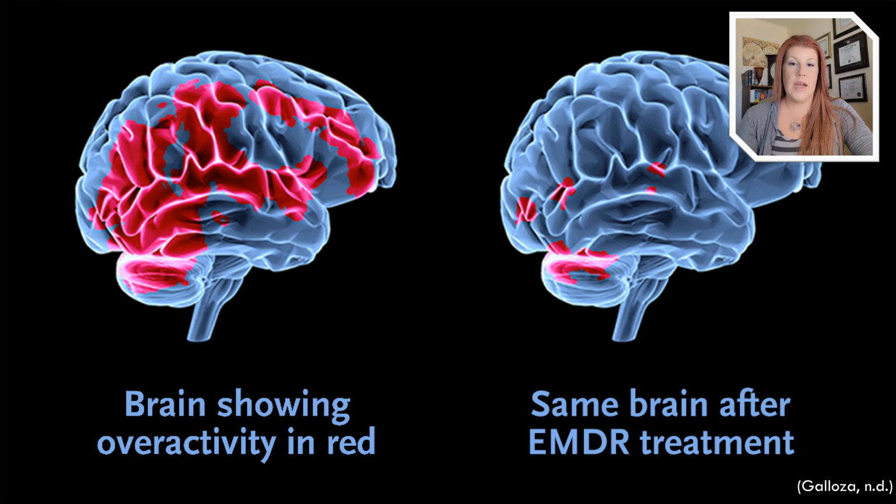This is a slide containing a depiction of one singular brain before and after. The one on the left has experienced the trauma, and then the imagery on the right has been through EMDR therapy.